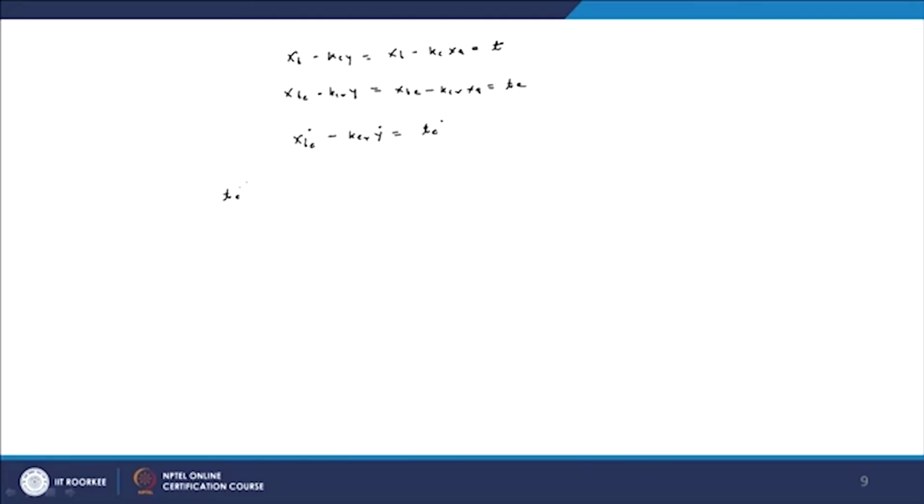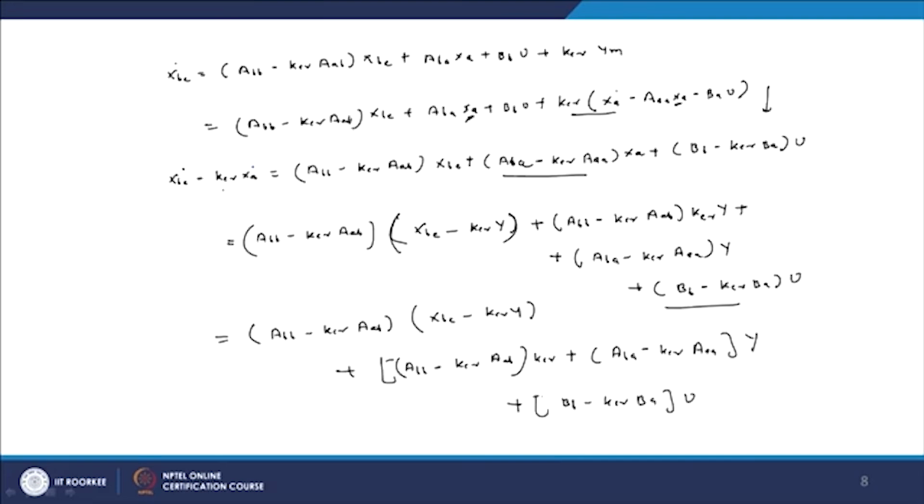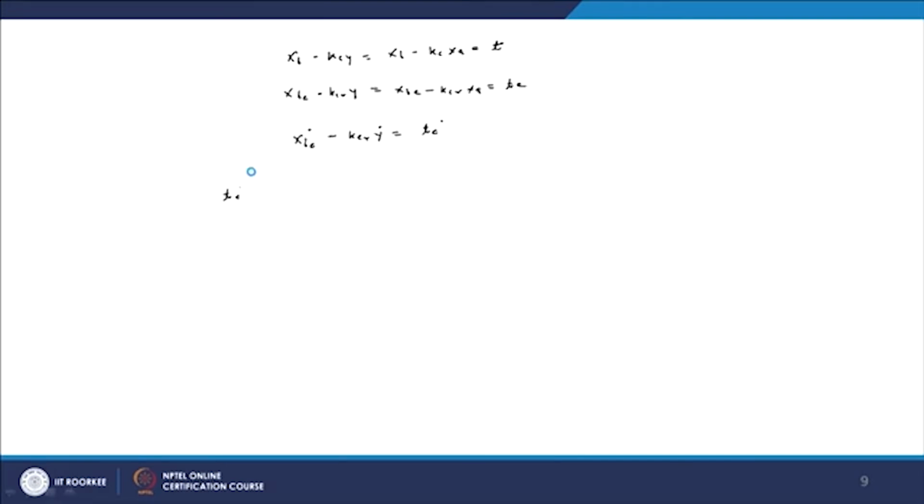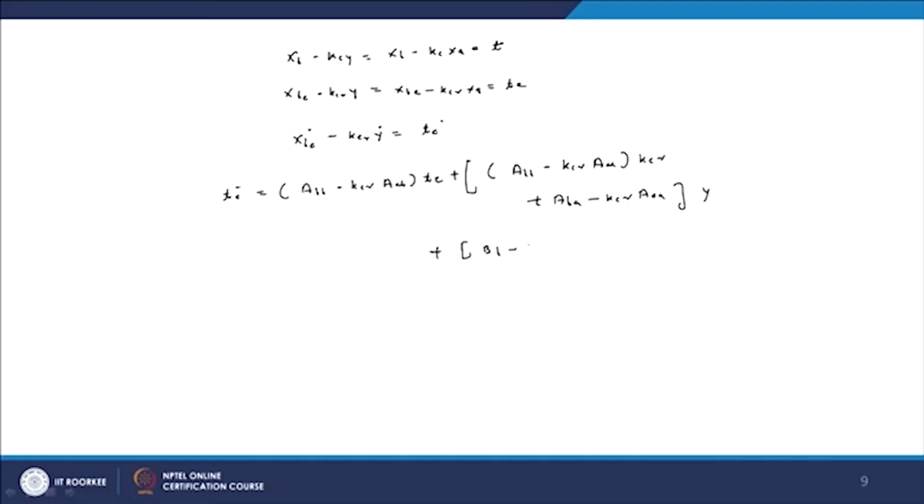Therefore, this equation XB dot minus KER into XA dot, that is T dot, equals ABB minus KER AB into T plus ABB minus KER AB into KER plus ABA minus KER into A suffix A into Y, plus BB minus KER into BA into U.